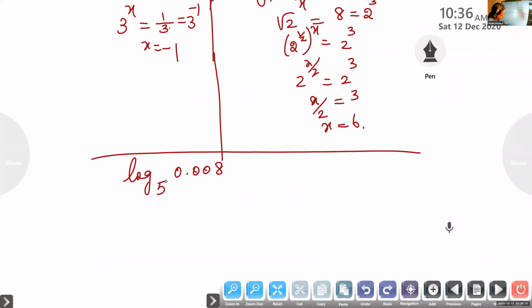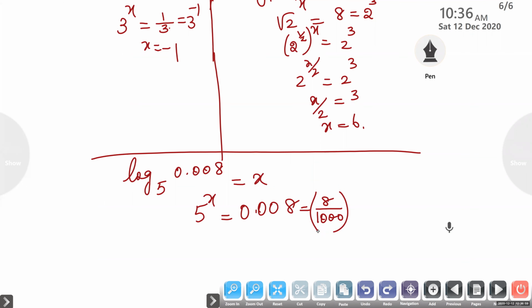Yes, it is correct. Can you give the steps, Aditya? Very good. 5 raised to x is 0.008. Then 5 raised to x is 8 by 1000. 5 raised to x is 2 raised to 3 by 5 raised to 3 into 2 raised to 3.